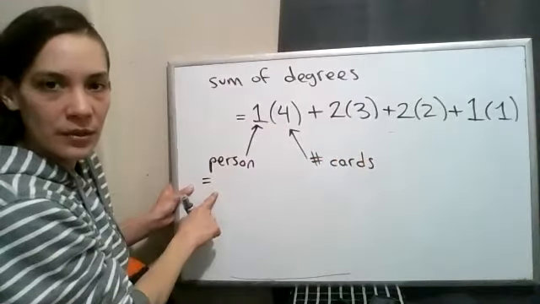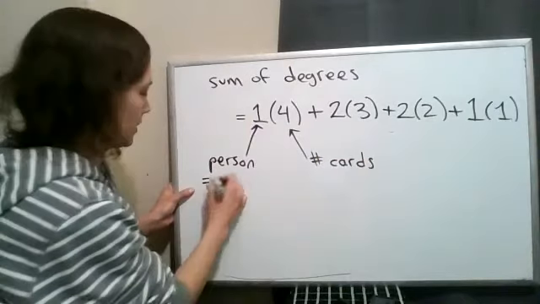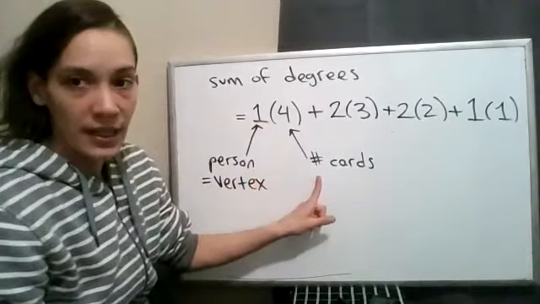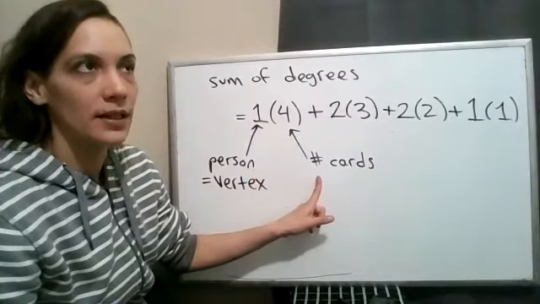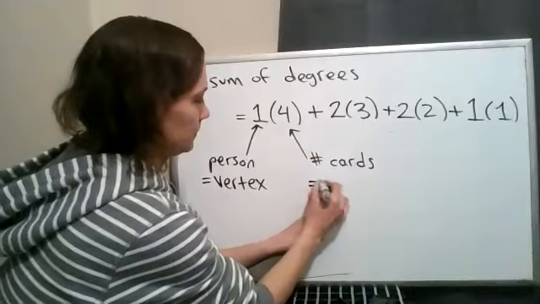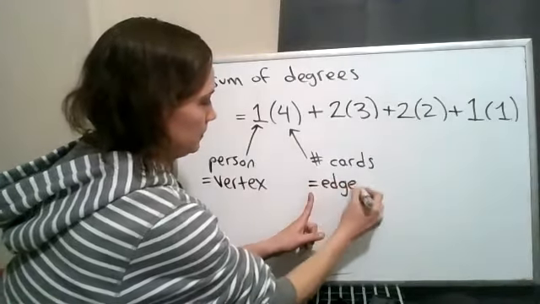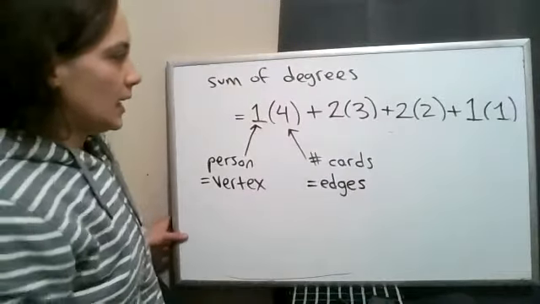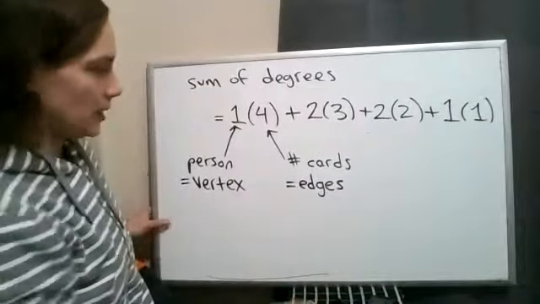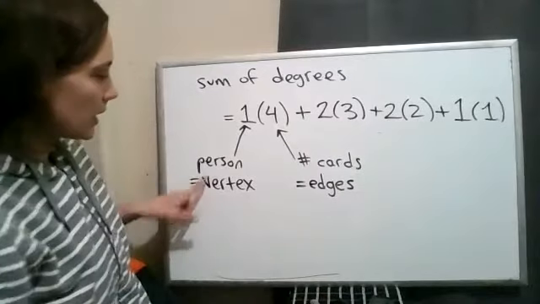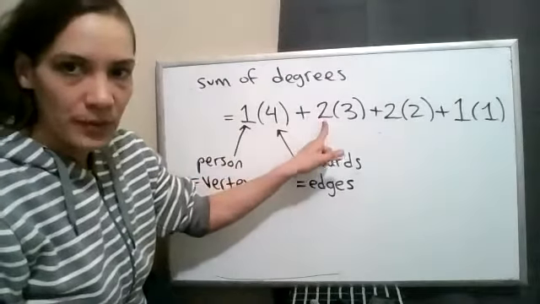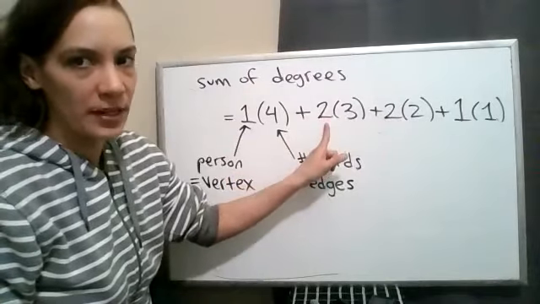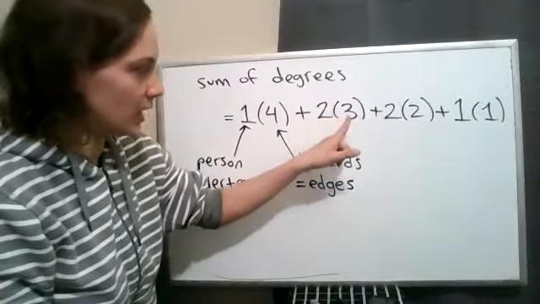So every person is represented by a vertex. And each card is a connection or an edge. Again, that's the number of people, that's the number of connections, or the number of edges, vertices and degree.